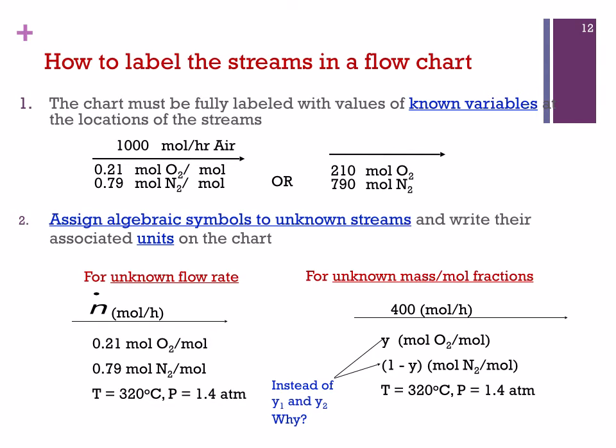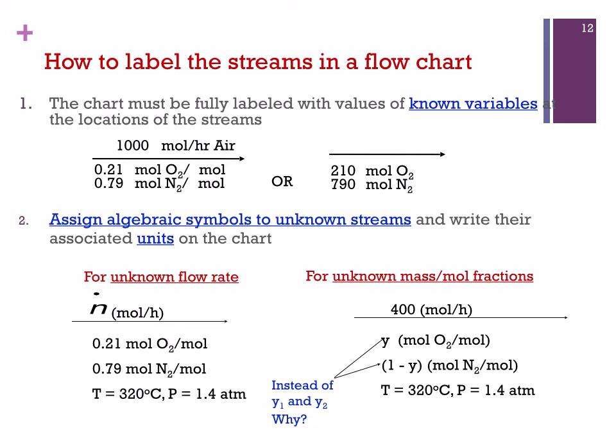We do not need to put the parentheses because it's known. The composition of the O2 and N2 is written as algebraic. So this is mole, so we use Y. We choose the O2 first, so it's Y mole O2 per mole.